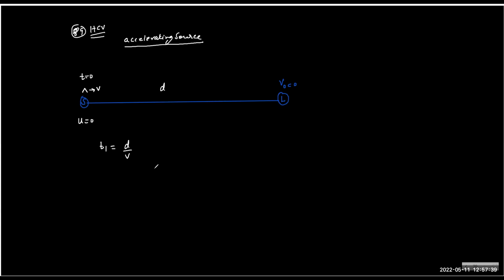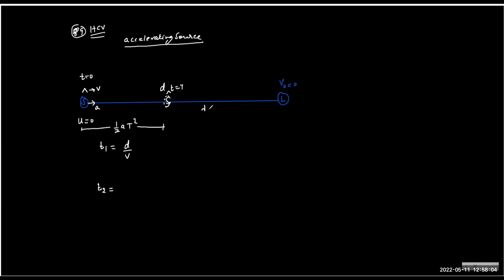Now the next sound note will be emitted by the source after time t equals T. It will emit the next peak, and because it is accelerating with acceleration a, it will travel half a T square.